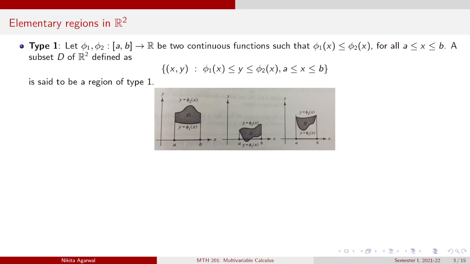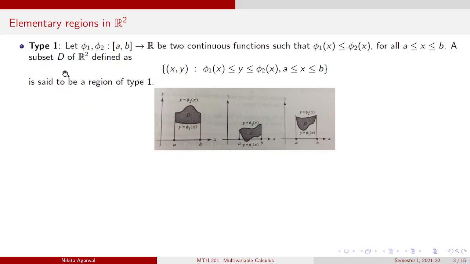Okay, so in R2 we can define two kinds of elementary regions. So let us see what these elementary regions are. Let phi1 and phi2 be two functions from closed interval [a, b] to R which are continuous and phi1 is less than or equal to phi2 for all x in the interval [a, b].